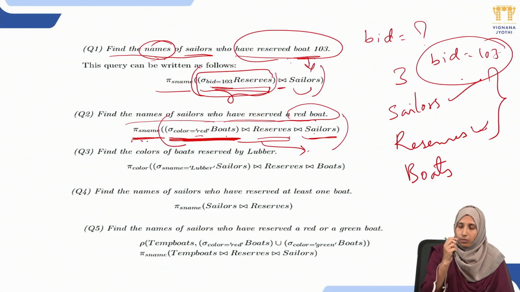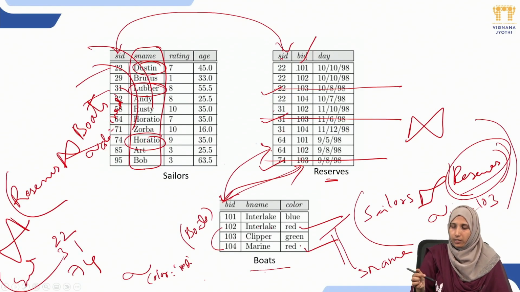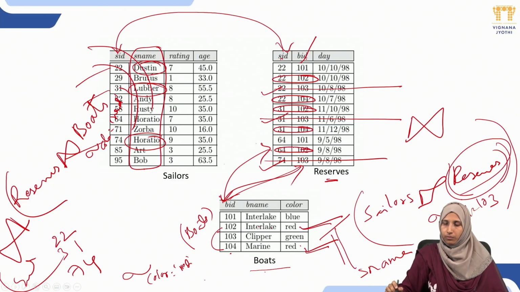So this will be the result. What will be the result for that? Let's check it. Red and red. What are the BIDs? 102, 104. See how many are there. 102, how many times? 102, 22.